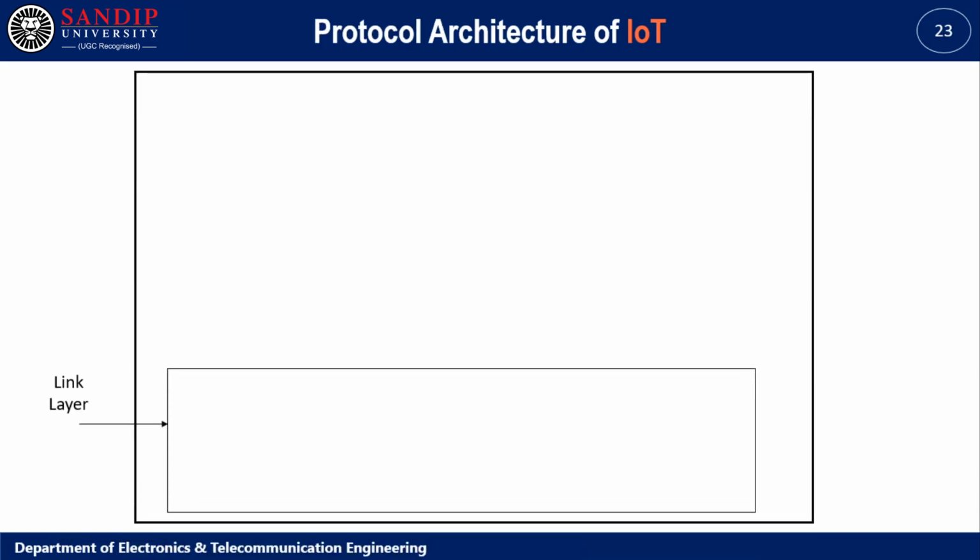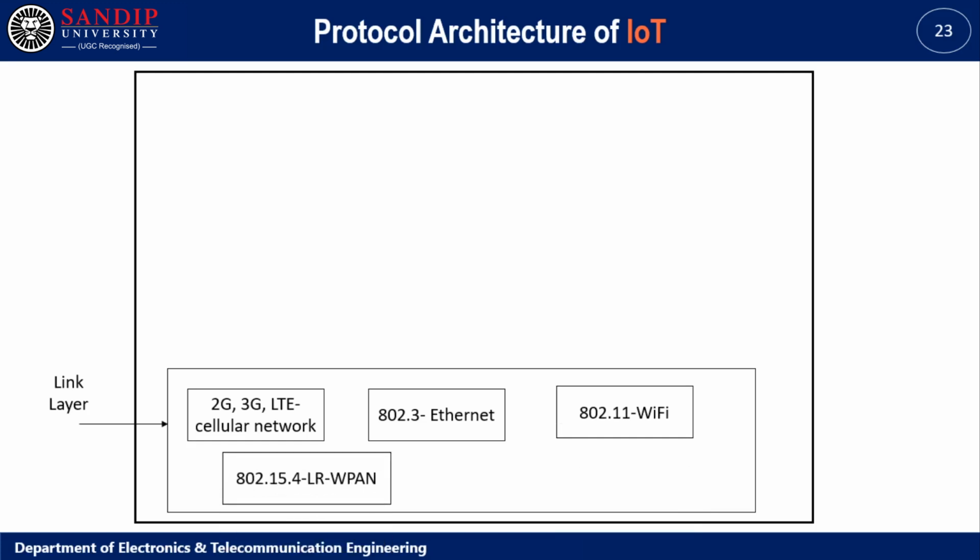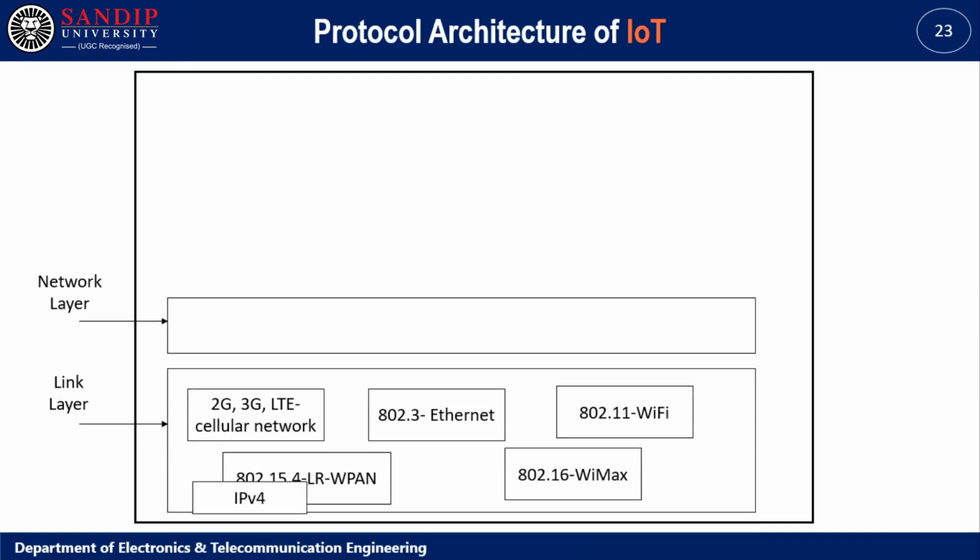First is the link layer, which consists of 2G, 3G, LTE cellular network, 802.3 Ethernet, 802.11 Wi-Fi, 802.15.4 LR-WPAN, 802.16 WiMAX.